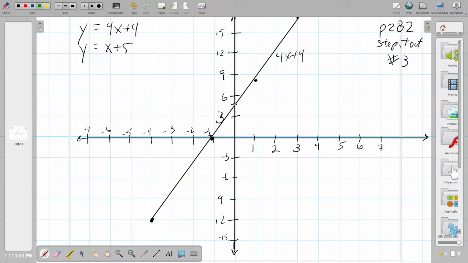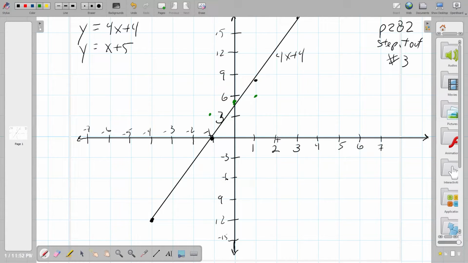That'll be somewhere around here. 1 plus 5 is 6, that'll be right there. Negative 1 plus 5 is 4, so that'll be around there.